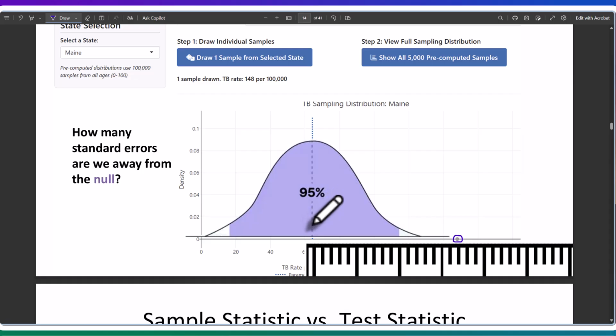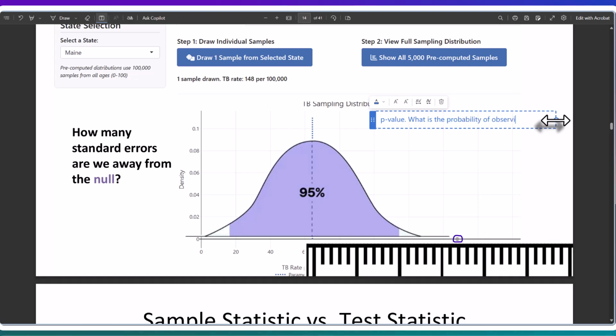If we want to calculate a p-value, it's answering the question: what is the probability of observing an event as extreme or more extreme as what we observed in our sample, assuming the null hypothesis, H naught, is true.